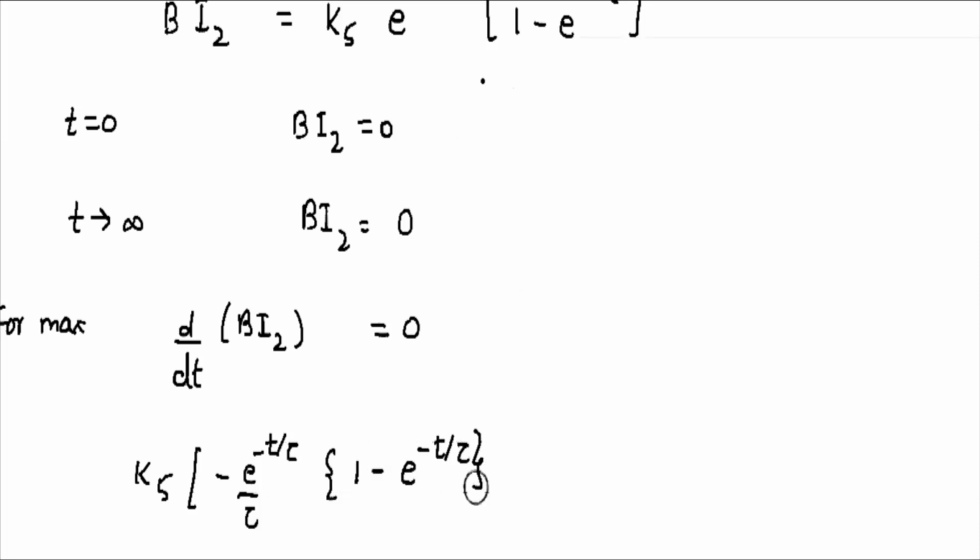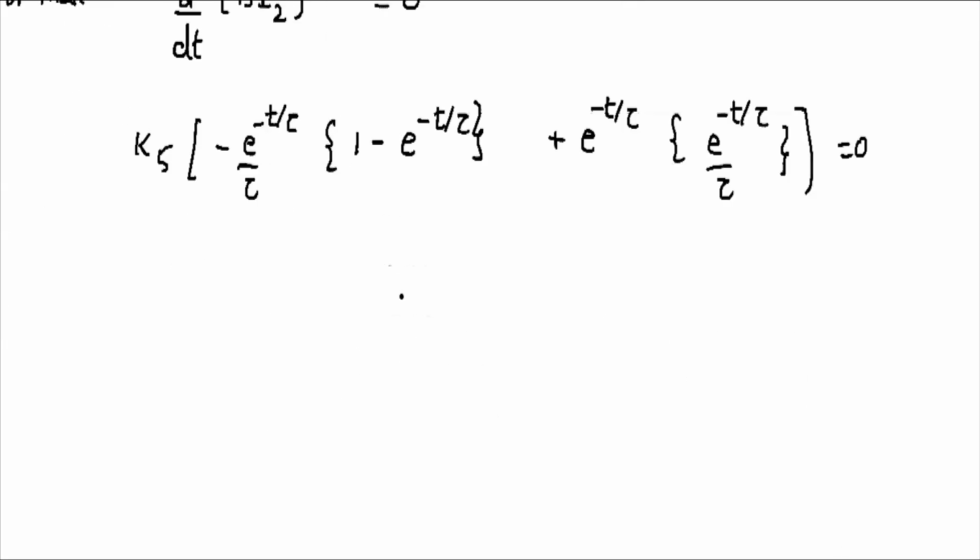Now we take this part as constant and differentiate the second part, which gives 0 for the constant and e to the power minus t over tau divided by tau. We put this equal to 0, and finally, if we calculate, our t value turns out to be 0.693 times tau.